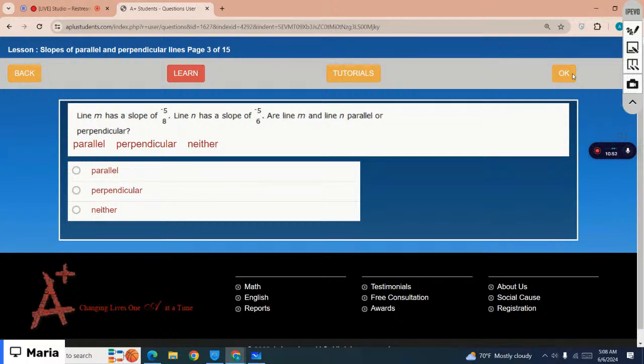Neither parallel nor perpendicular. The correct option is neither.